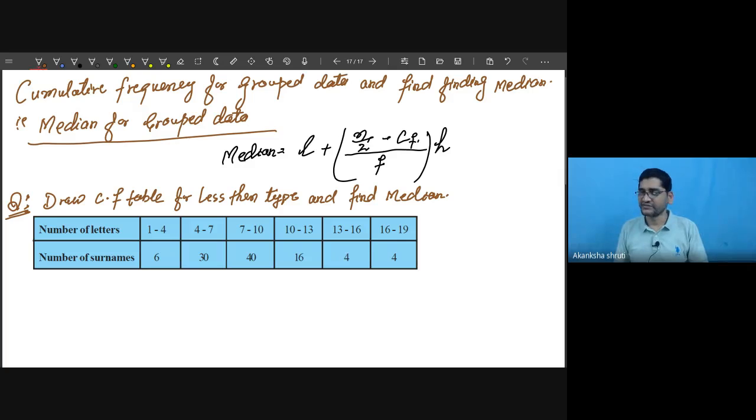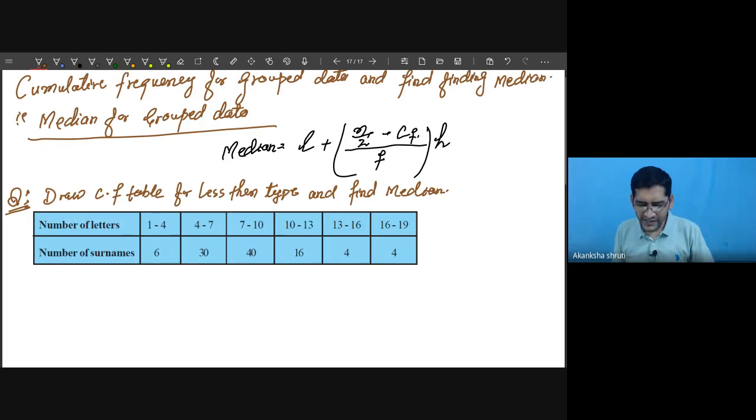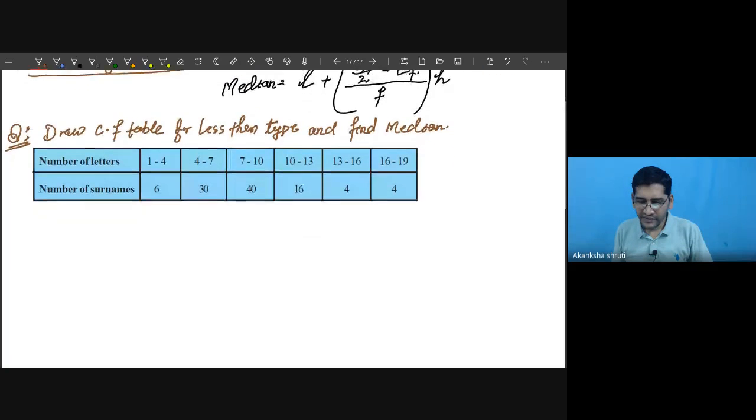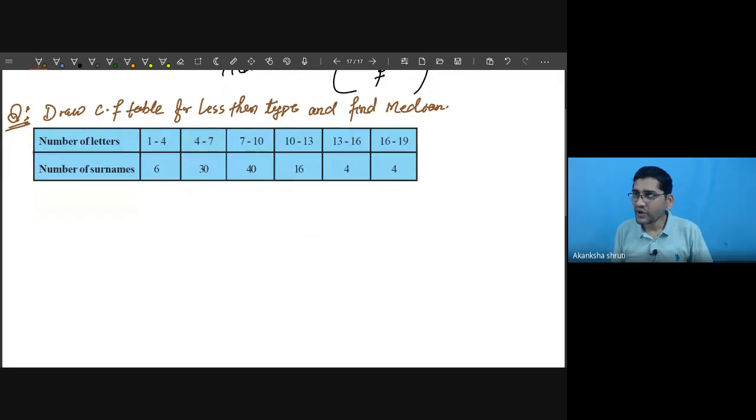It is this one. Okay, student. So student, recall your concept once again. The number of letters in the name, or basically here the surname of a person, from 1 to 4. It is not 1 to 4. One letter is there, but not the 4 letters, but 1 to 3.